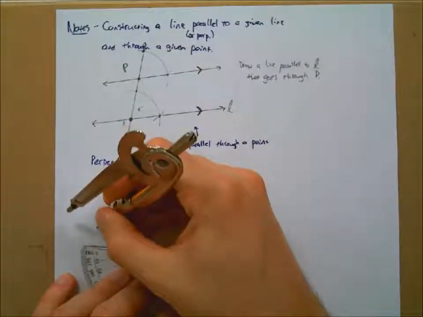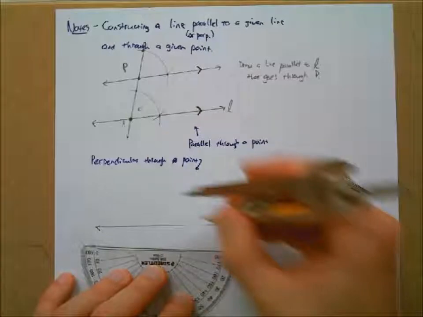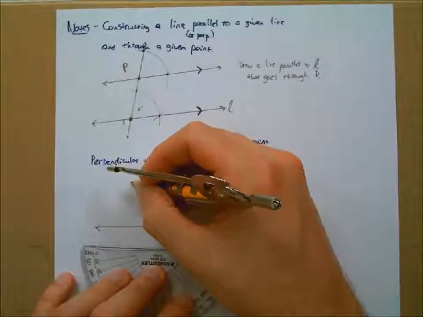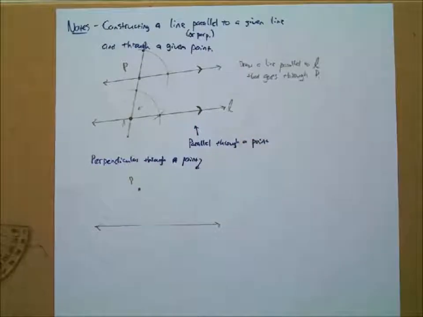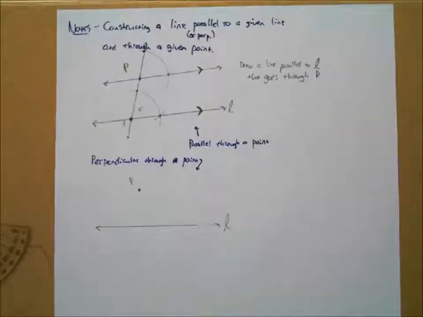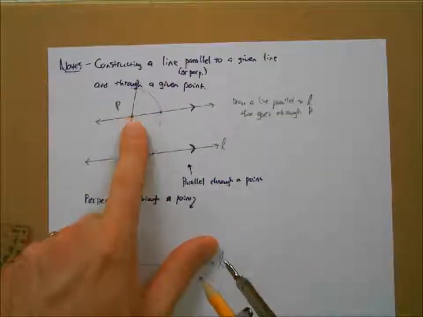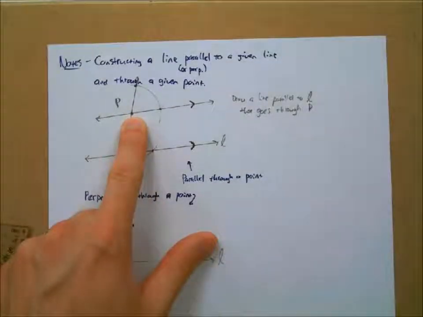So again, for this one, we'll start with a line. I'll put a point P not on that line. Again, I'll call it line L. Again, not very creative. Now, this is a bit different.